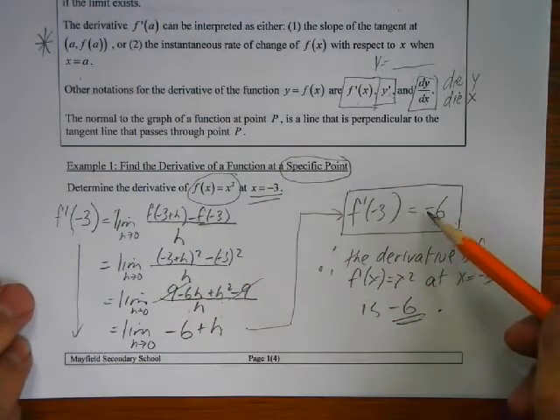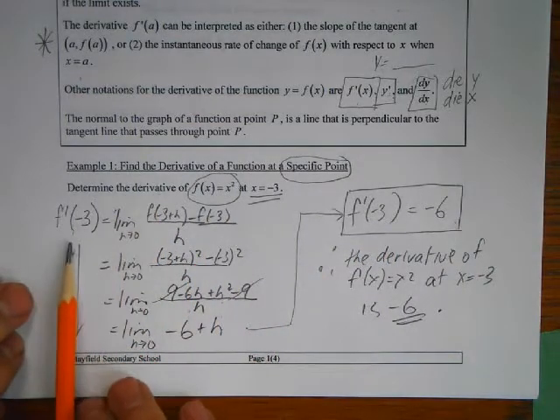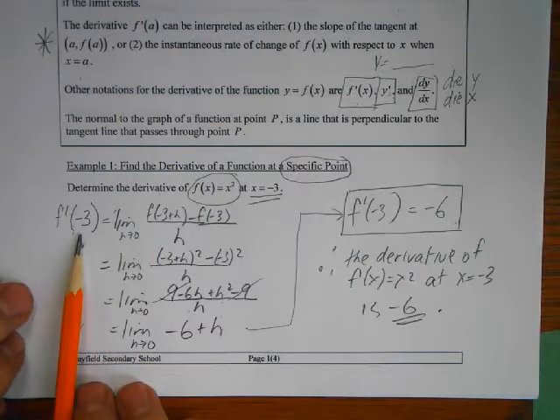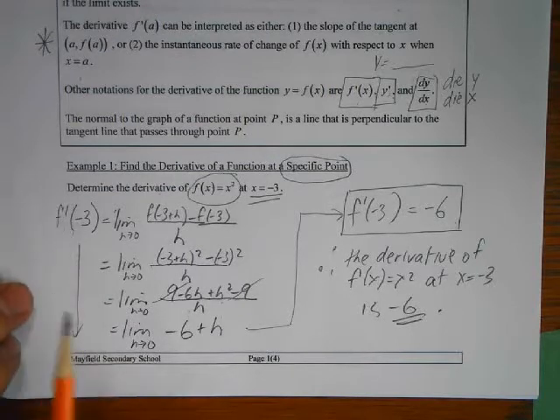The only new thing is we're calling it a derivative, and we've got this new notation. Instead of calling it the slope of the tangent or the instantaneous rate of change, we're calling it the derivative f prime, which is the derivative of f at the value -3.